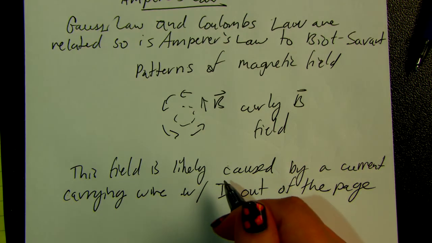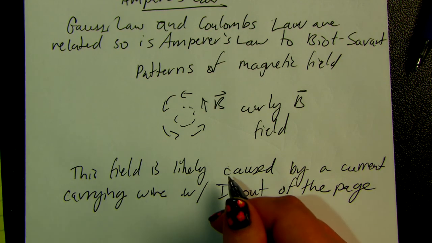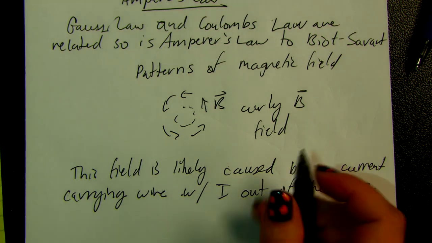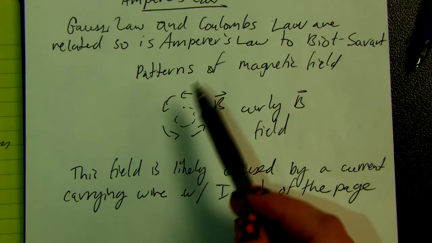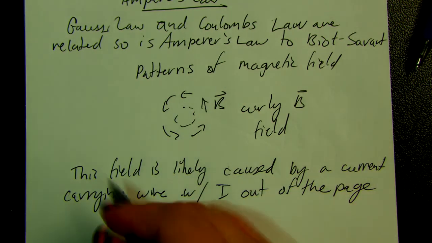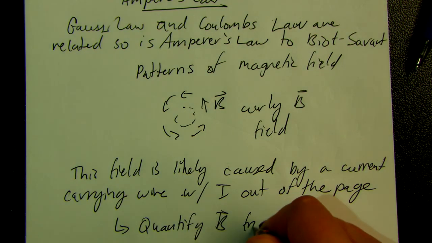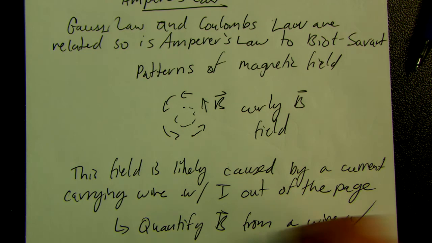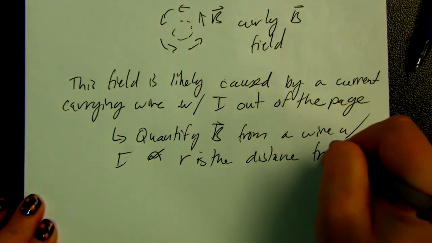All right. So we know how to relate magnetic field patterns to their causes, just like electric fields. We've been doing that for a while. So let's quantify these patterns. We already know, using Biot-Savart, how to quantify a field from a current carrying long wire. So quantify B from a wire with I, and it's related to R, the distance from the wire.